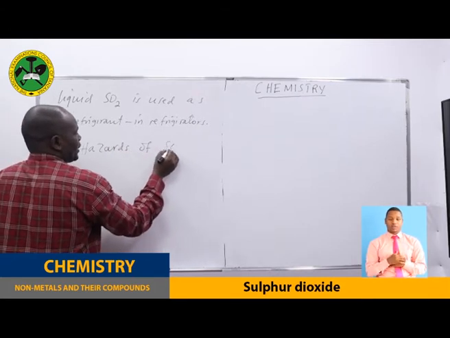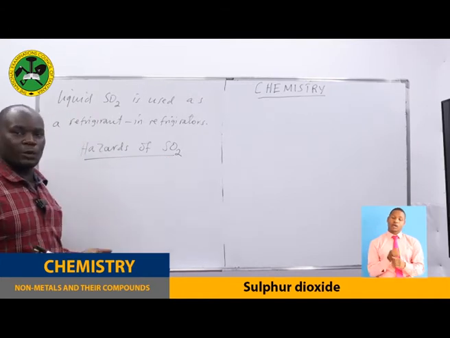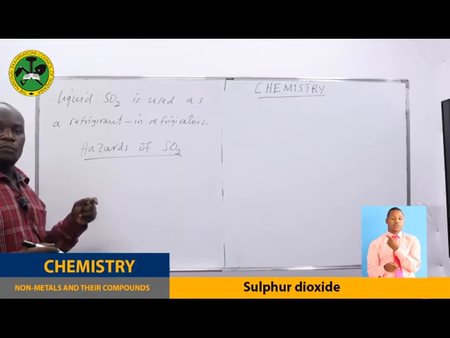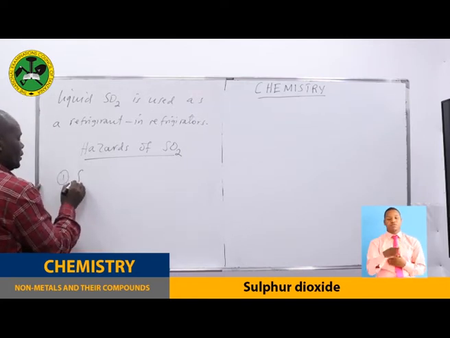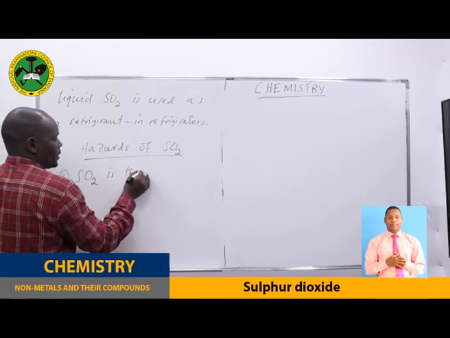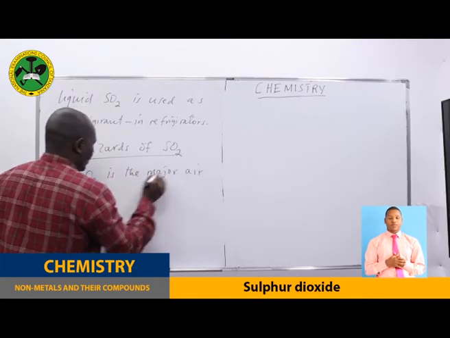of sulfur dioxide. The hazard of sulfur dioxide is that sulfur dioxide is the main air pollutant gas. So sulfur dioxide is the major air pollutant.